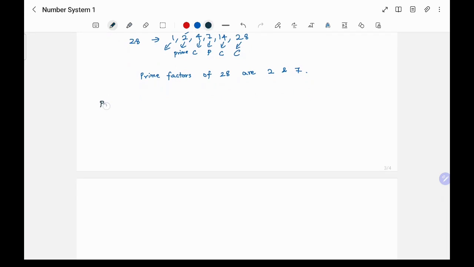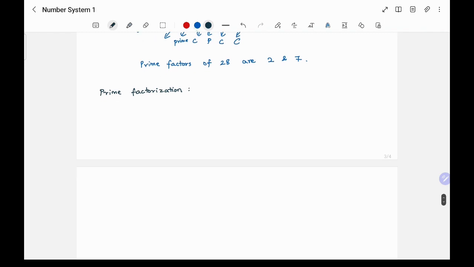So there is also a method called prime factorization. This is nothing but representing any number as a product of primes.